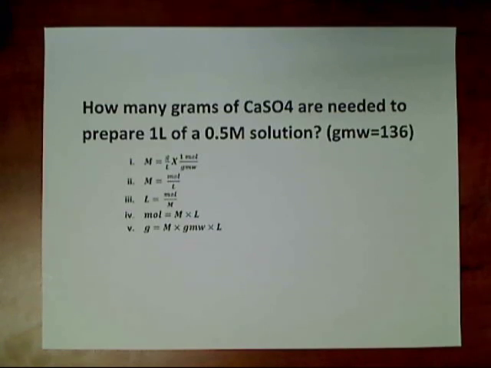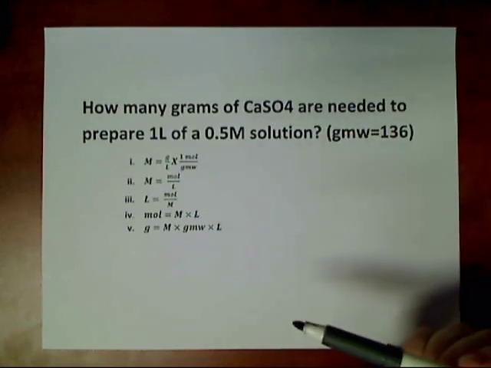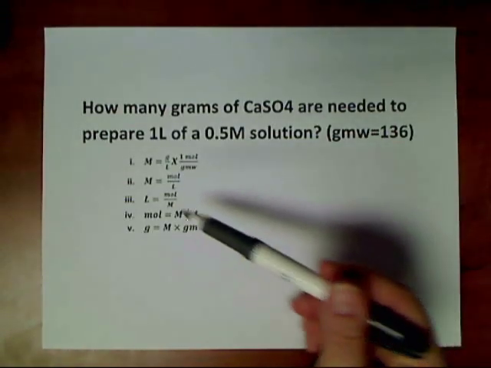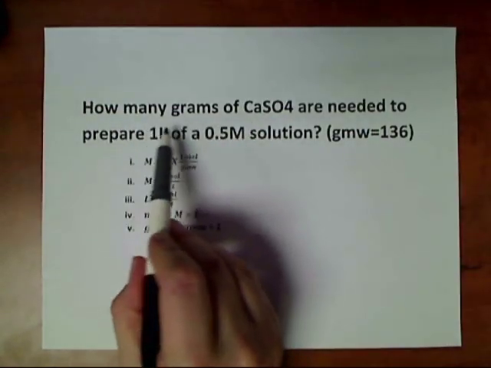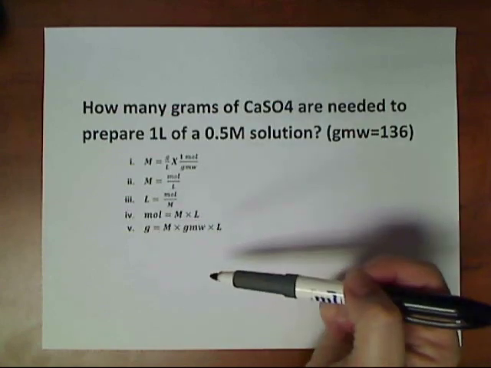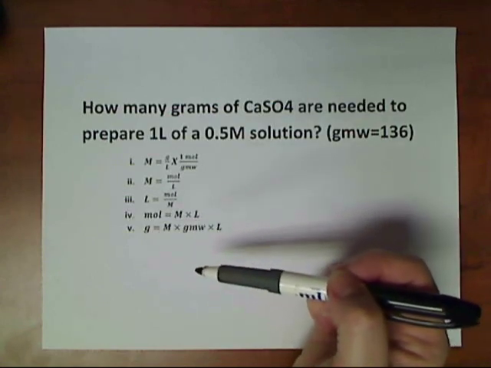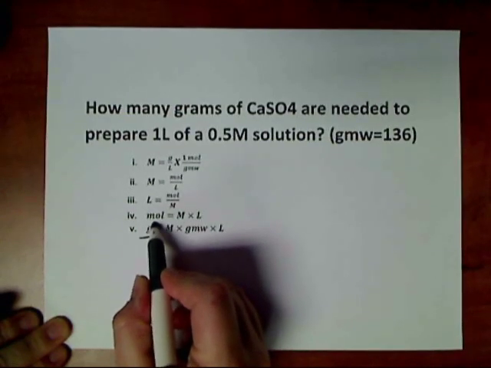When you're trying to figure out which of these equations to use, you need to see what the question is asking. In this case, how many grams? If you look at your choices here, you see that there is one that helps you figure out how many grams. That would be the last one here.